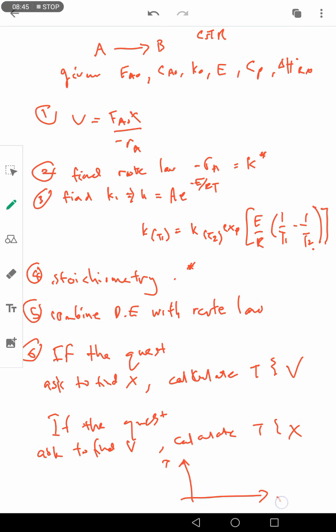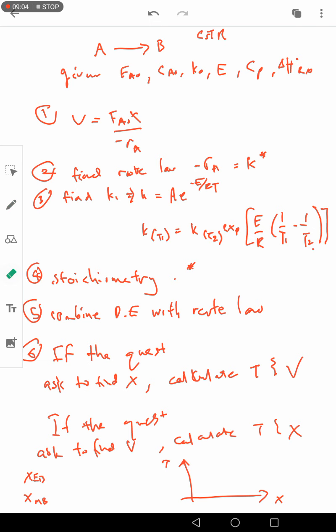Okay, T, X. So dari sini nanti you boleh cari X daripada energy balance and X daripada design equation ataupun daripada mole balance.